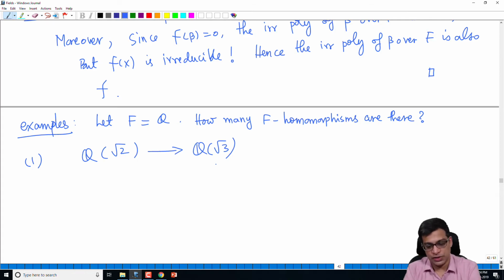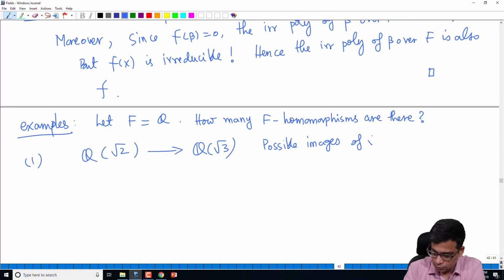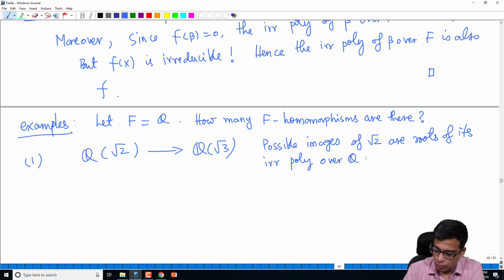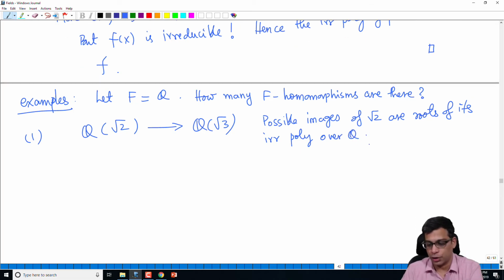Root 2 can go to something. Possible images of root 2 are roots of its irreducible polynomial. Remember, root 2 is algebraic, so we can apply the previous proposition. What is the irreducible polynomial of root 2 over Q?